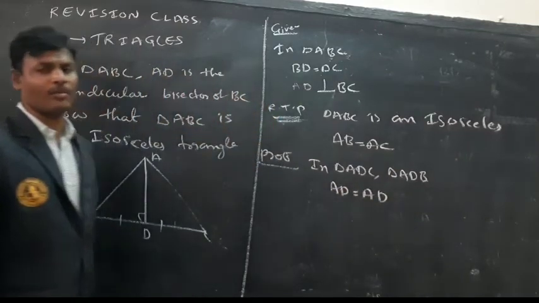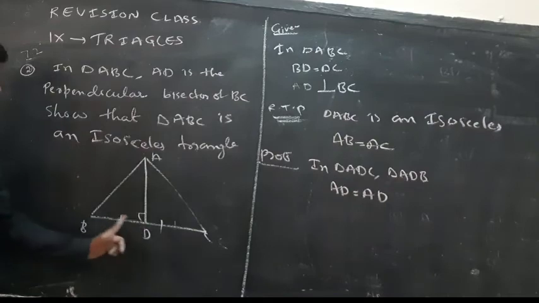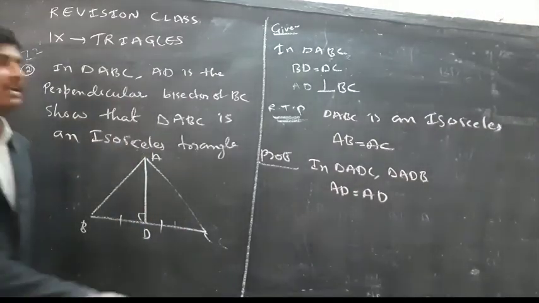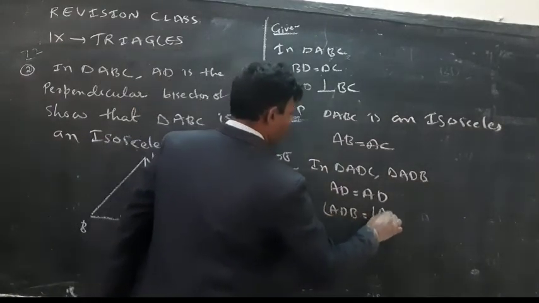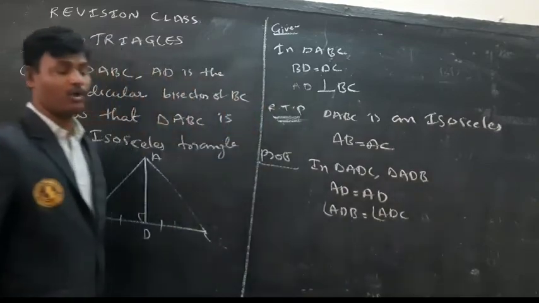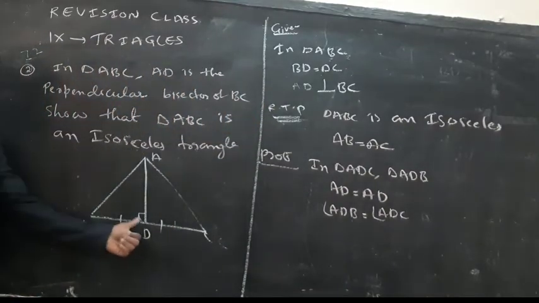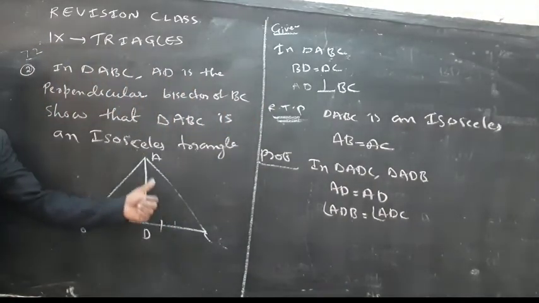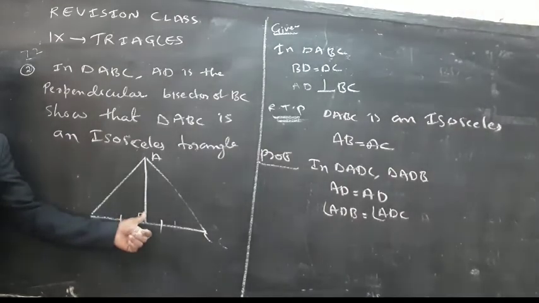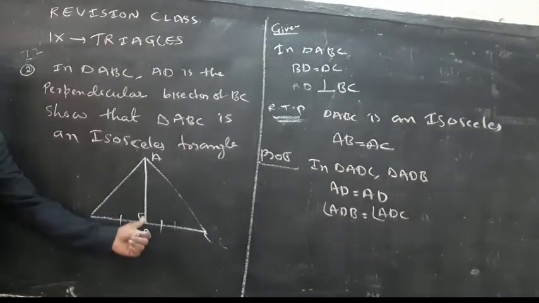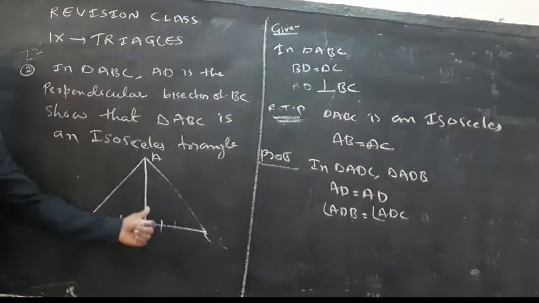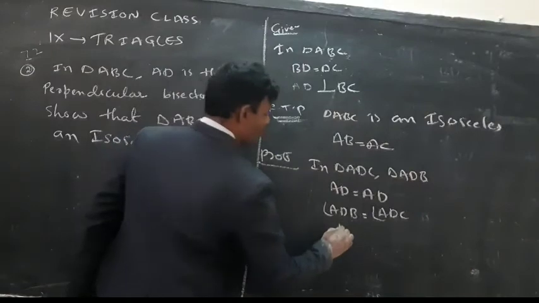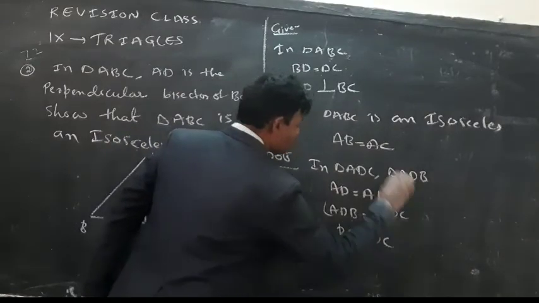Similarly, angle ADB is equal to angle ADC. Why? Because both are right angles, both are 90 degrees. Similarly, BD and DC are both equal. Why? Because AD is a perpendicular bisector of BC. So BD is equal to DC.